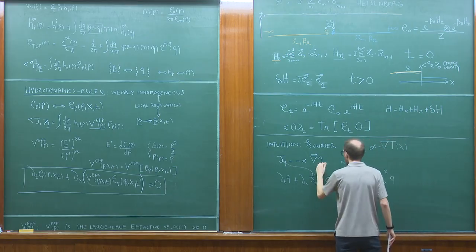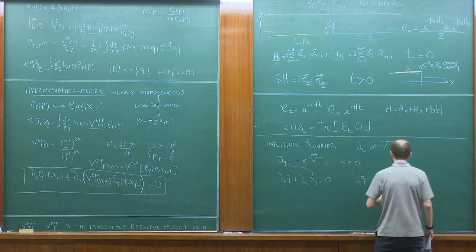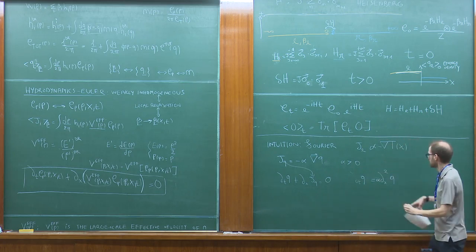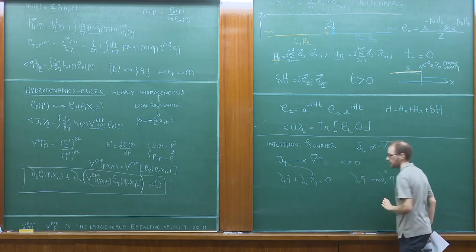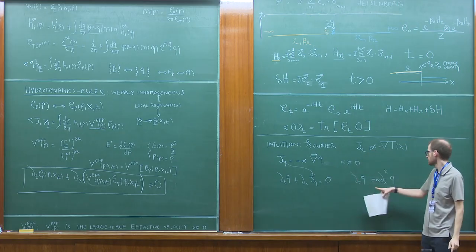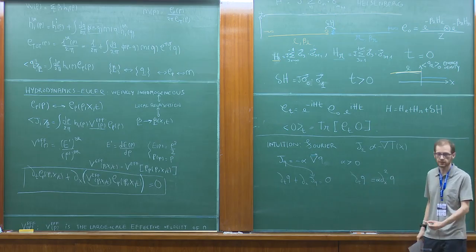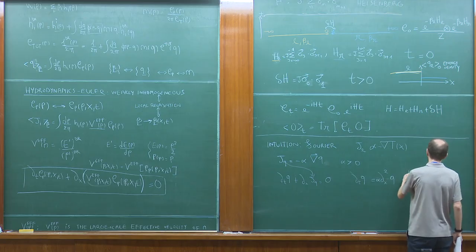This is q, there is no subscript. So the partial derivative in time of the density equals the transport coefficient times the second derivative. And this is nothing but the heat equation, which is very famous, the diffusion equation.